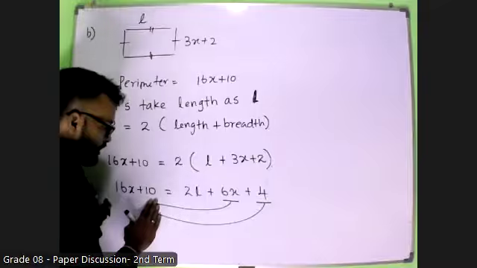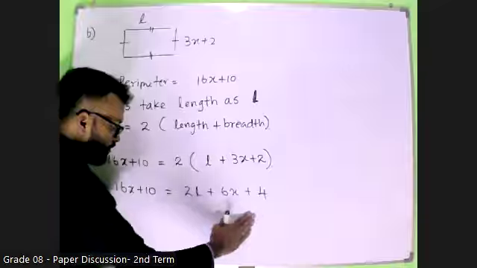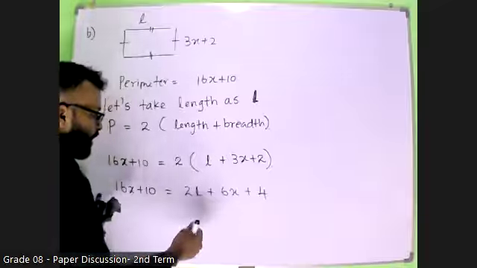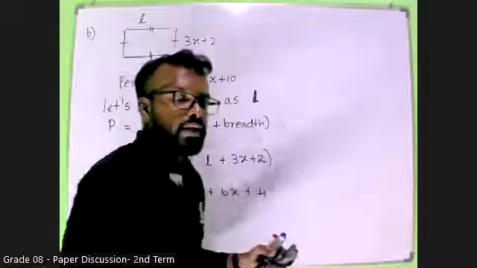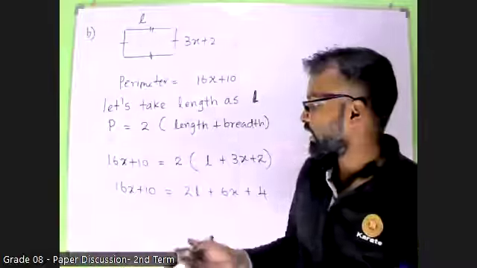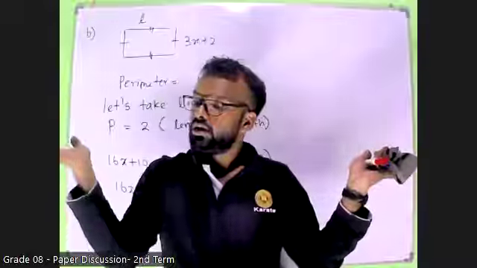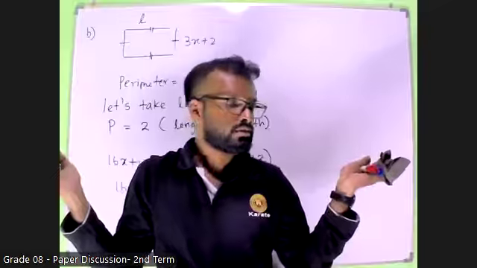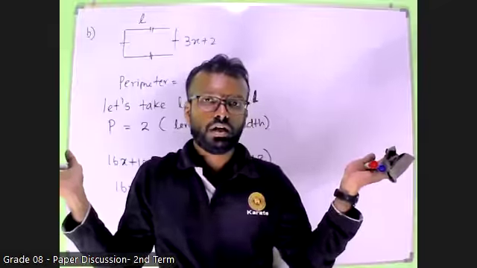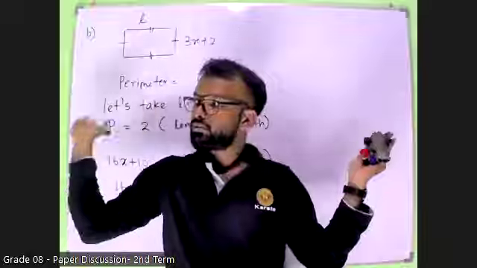In order to isolate L, I am changing the side. This is something like a balance. On this side I have weights, and on this side I have, let's say, carrots. I am changing the side: weights go to this side, carrots come to this side.